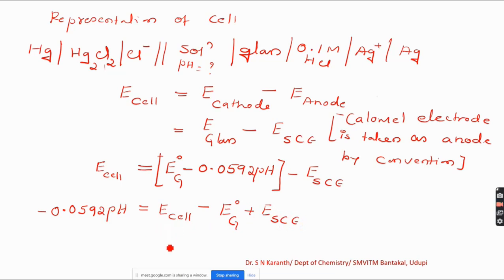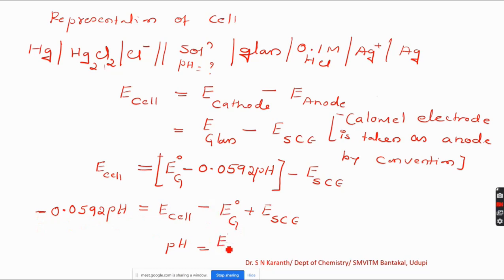What I want to arrive at is pH. pH equals, I have to change the sign: the negative sign comes to this side, so these terms become positive.